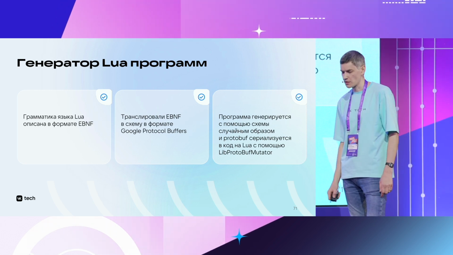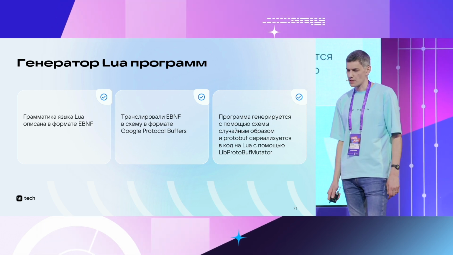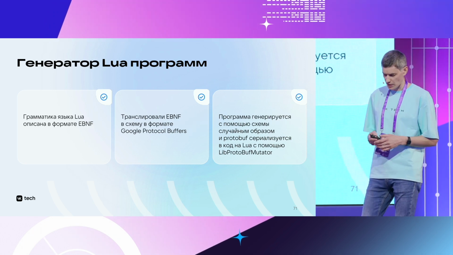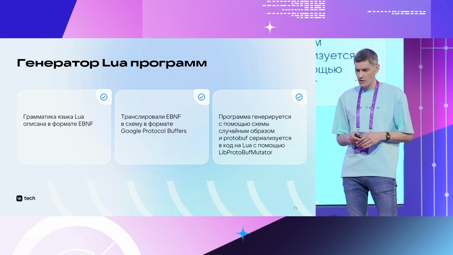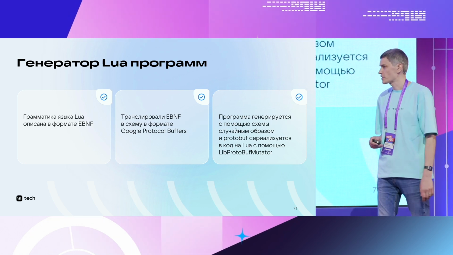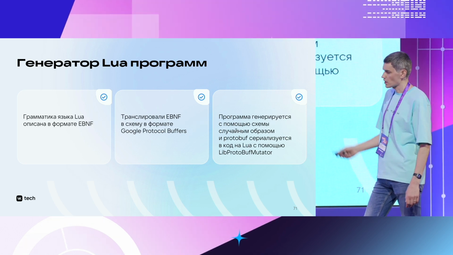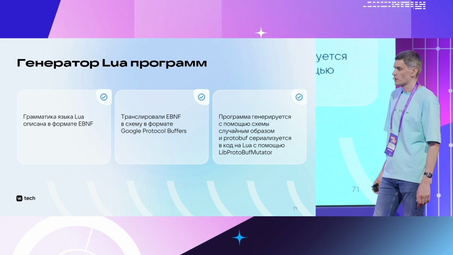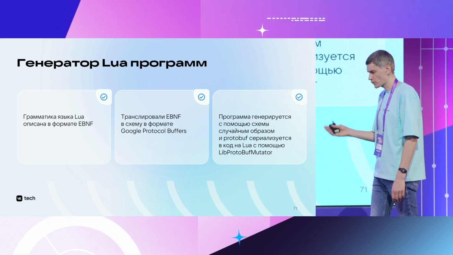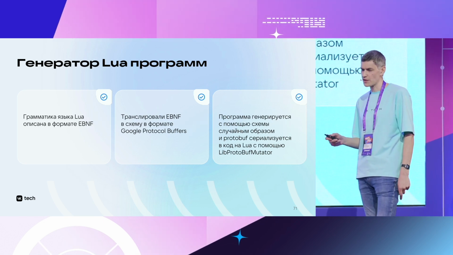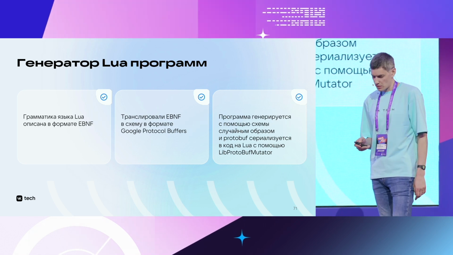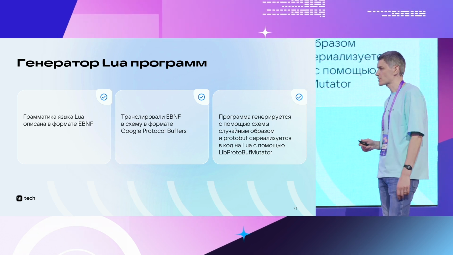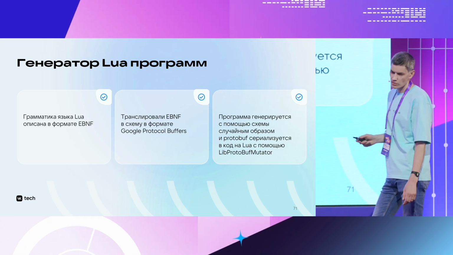To test it from the viewpoint of the code, we developed a generator of programs, and the reference includes the format of Lua language. We took the grammar and tested it in the buffer protocol. We created a C executor and made a test for libFuzzer.